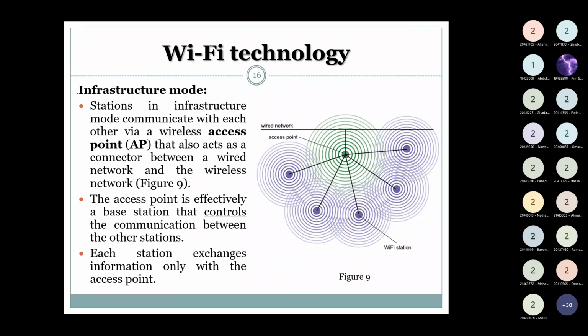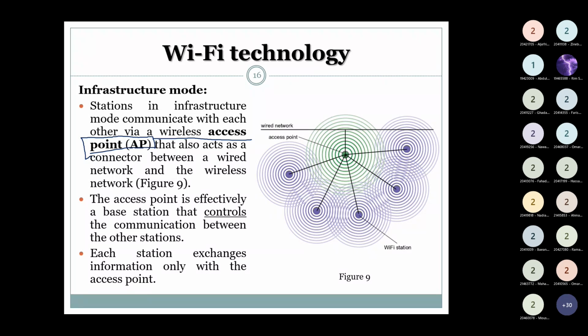In the infrastructure mode, stations communicate with each other, but via a wireless access point. They cannot communicate directly. They need an access point that acts as a connector between a wired network and the wireless network.